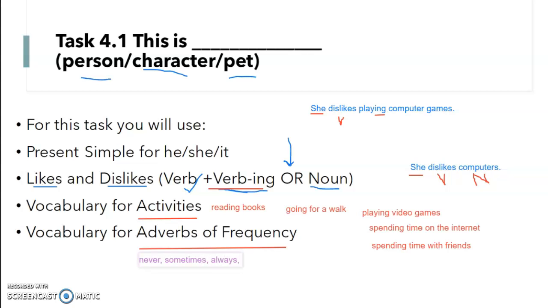We also have often or not often, usually, rarely. So you have some options here. So we want to make sure we include those as well. So we want to use everything that we studied in Unit 4 and put it all together to complete this task. Okay, so I'm going to show you an example of task 4.1 that I created.